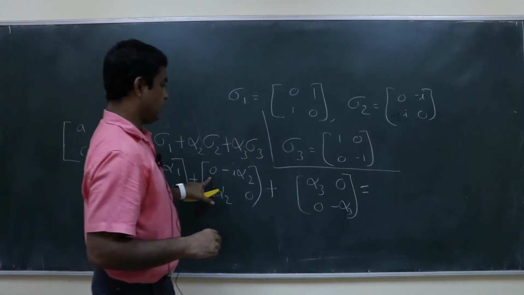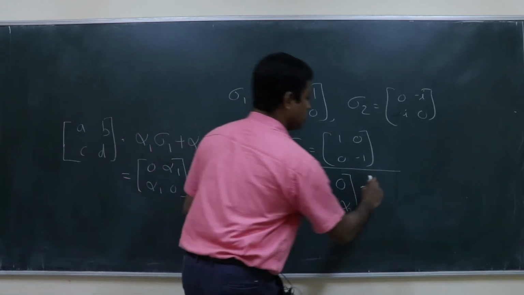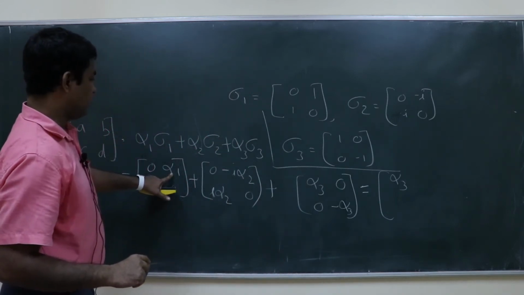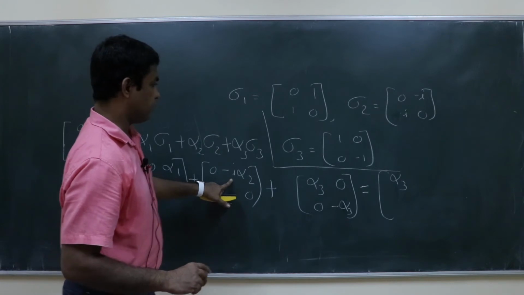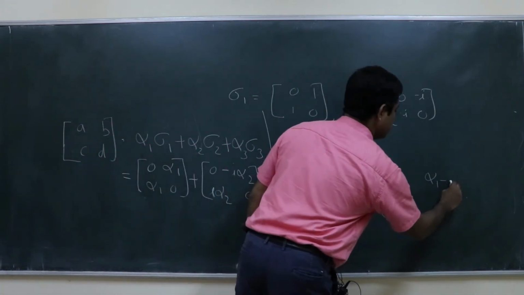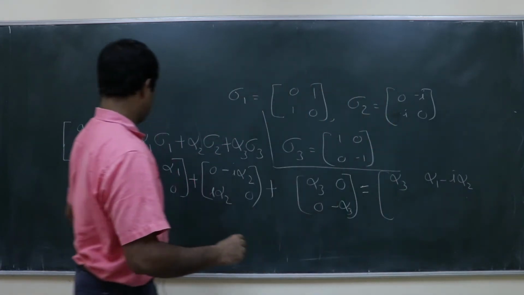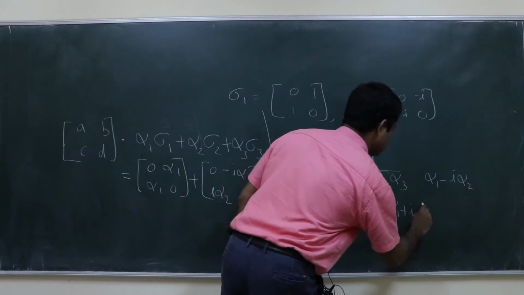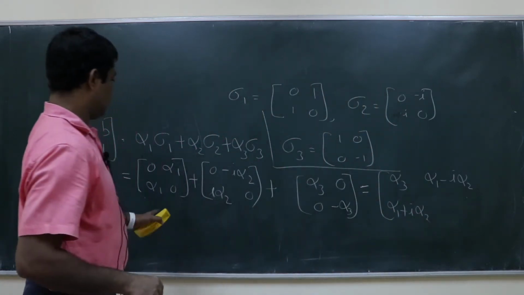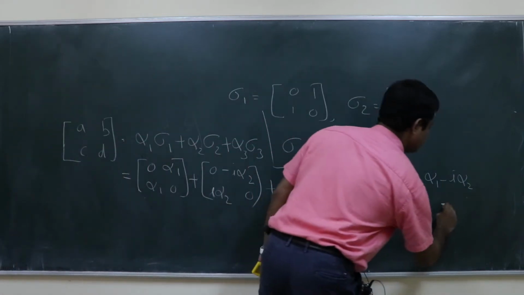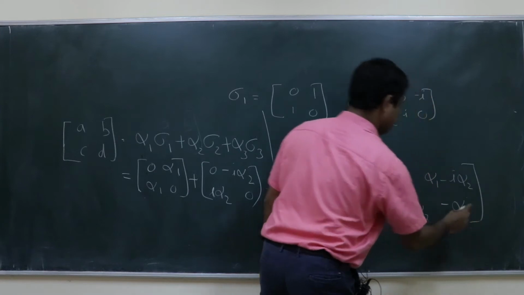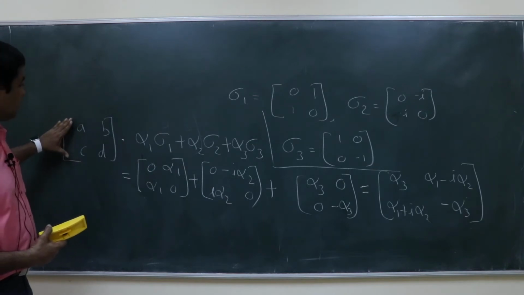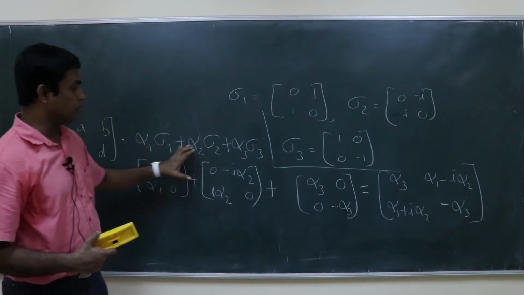The first one is alpha 3, then alpha 1 minus I alpha 2, then alpha 1 plus I alpha 2, then minus alpha 3. Okay. So, I am trying to write any general 2 by 2 matrix in terms of sigma 1, sigma 2, sigma 3.